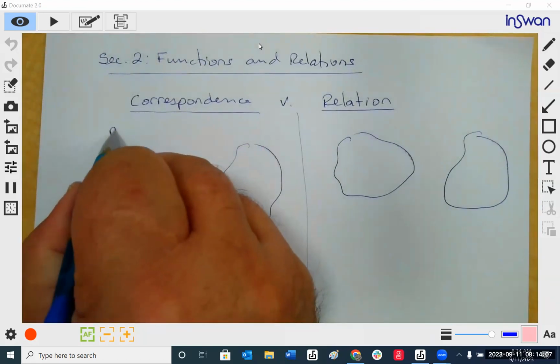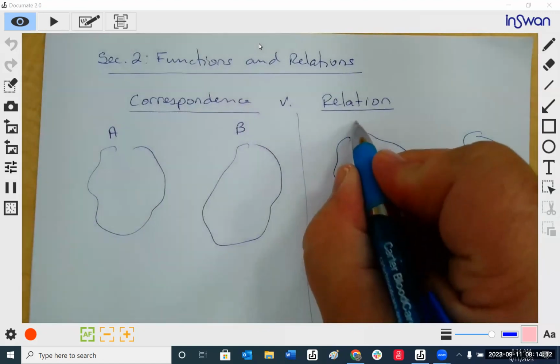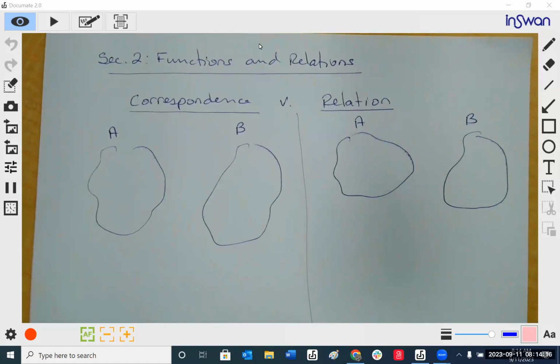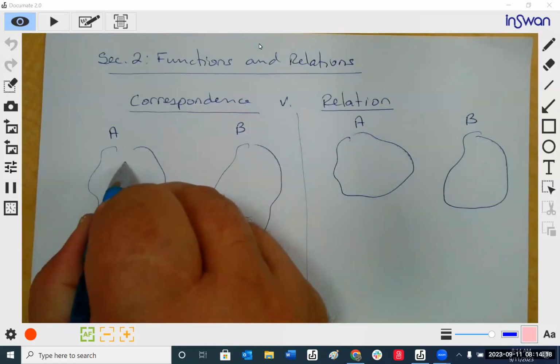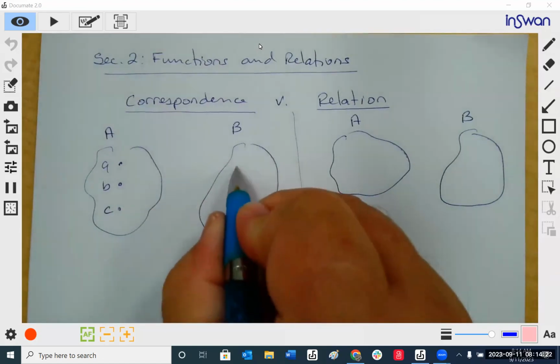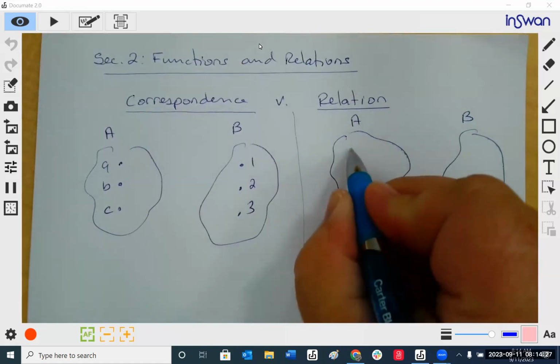Here we have group A and we have group B. Here we have group A and here we have group B. A, B, C. 1, 2, 3.